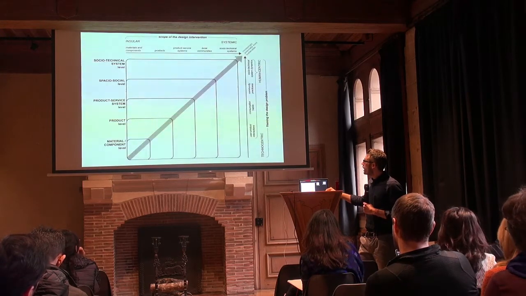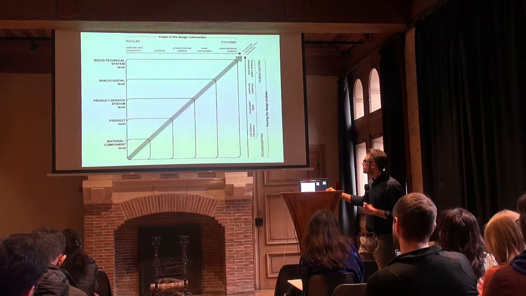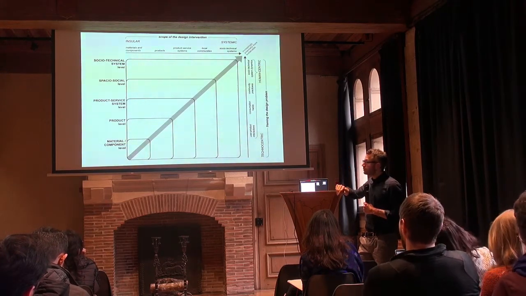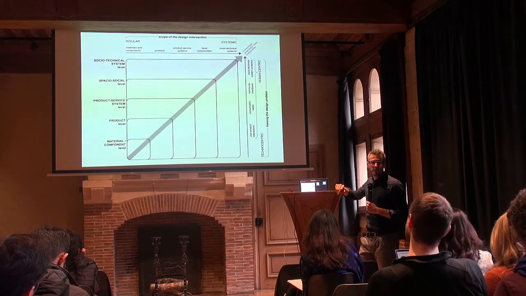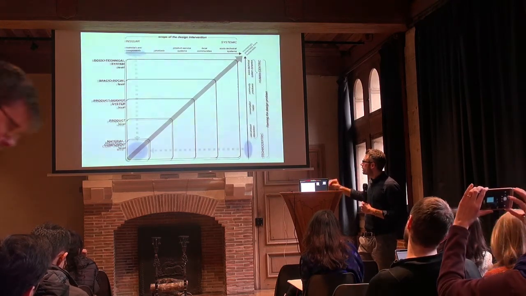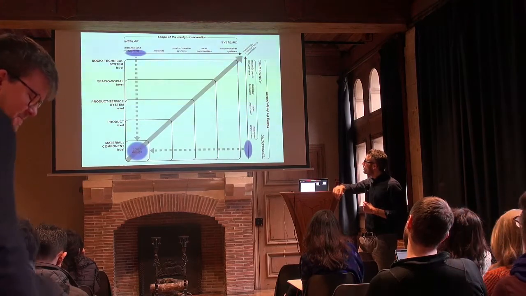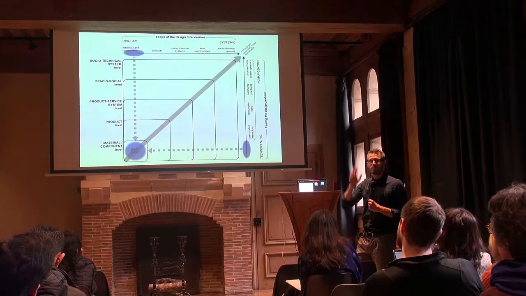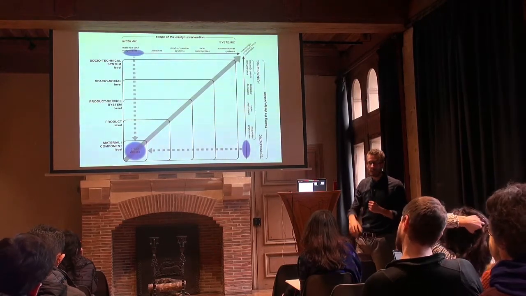So what we can do now is to combine these two axes on the different innovation levels, and then we can try to map the different design for sustainability approaches. We can start with green design. In terms of scope, it's very much an insular approach, just focusing on individual aspects of products.